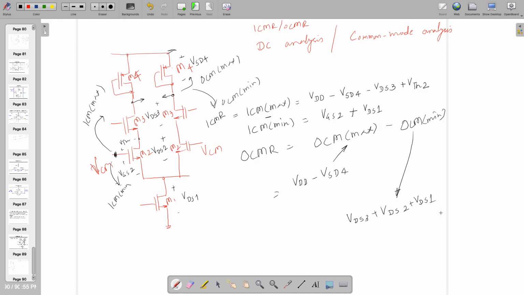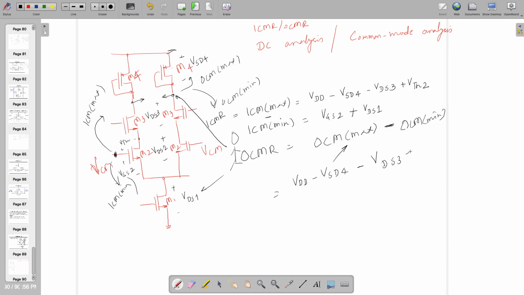Notably, all the voltages are going to be added as it's following the KVL. And when you are holding a multimeter in your hand, from this point to this point, all are going to be added. However, when we make the OCMR in total, it's going to give us all the quantities with the negative sign, because the negative is over here, and the same is applied for ICM min. You can write down one more time, which is VDS3 minus VDS2 and minus VDS1.